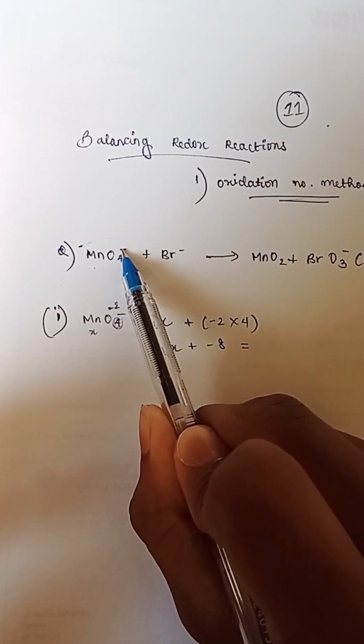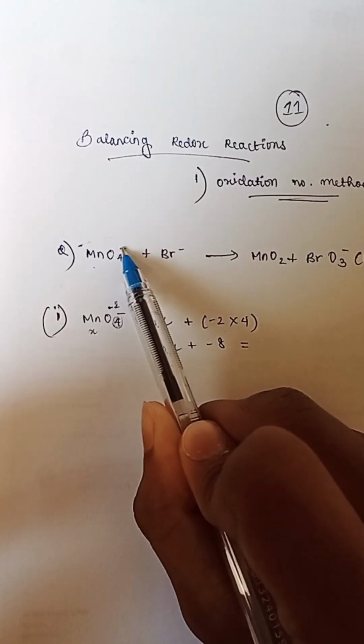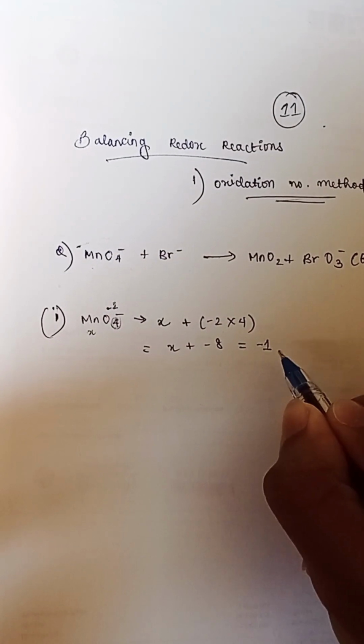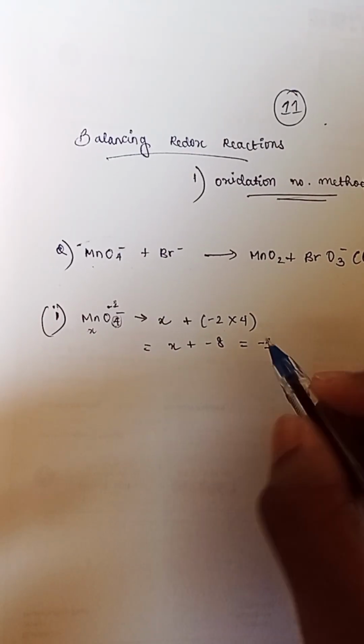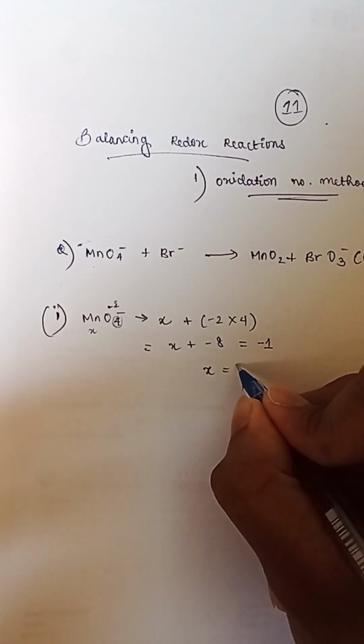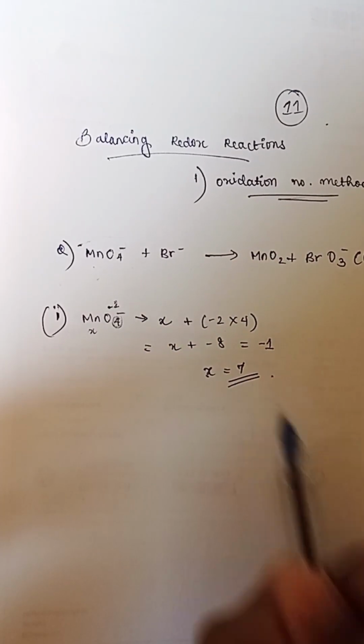If there was no minus, it would be 0, but since there is a minus over here, this will be equal to minus 1. Taking minus 8 to the other side, x is equal to 7. So the oxidation number of Mn is 7.